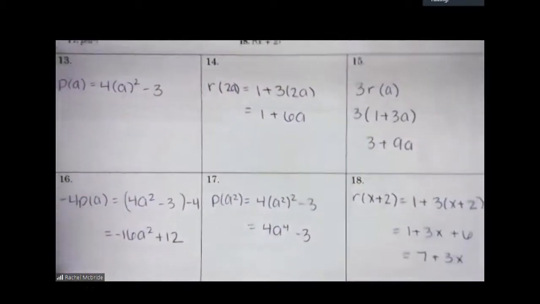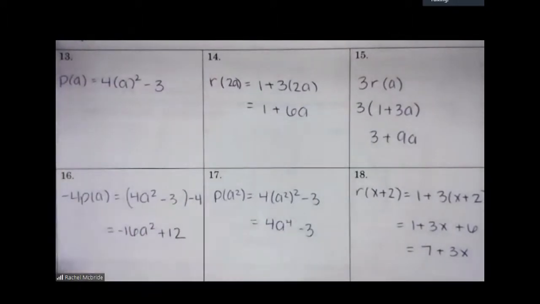So 13 to 18. Any questions or concerns on finding a function by plugging in a function?